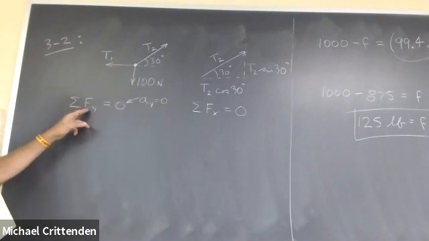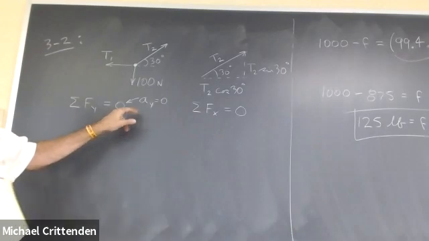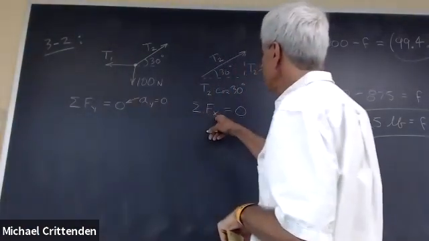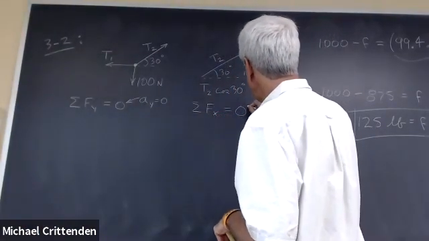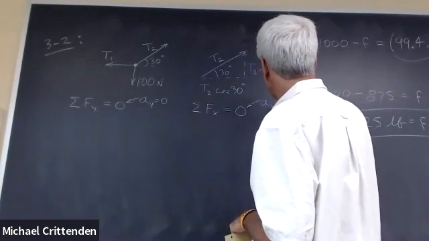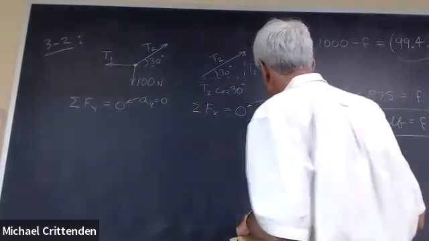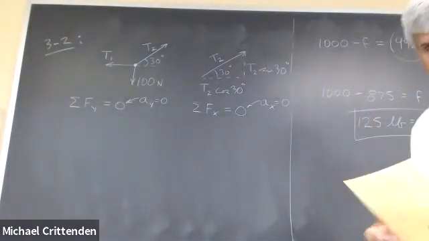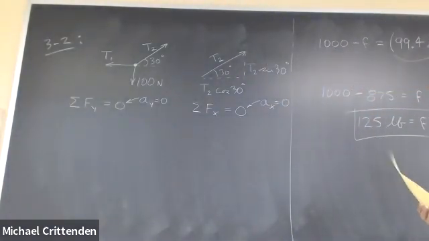In general, the sum of the forces in the Y is equal to M times AY. In general, the sum of the forces in the X is equal to M times AX. But in this particular problem, the acceleration is zero. Not only is it not accelerating, it's not even moving, okay?